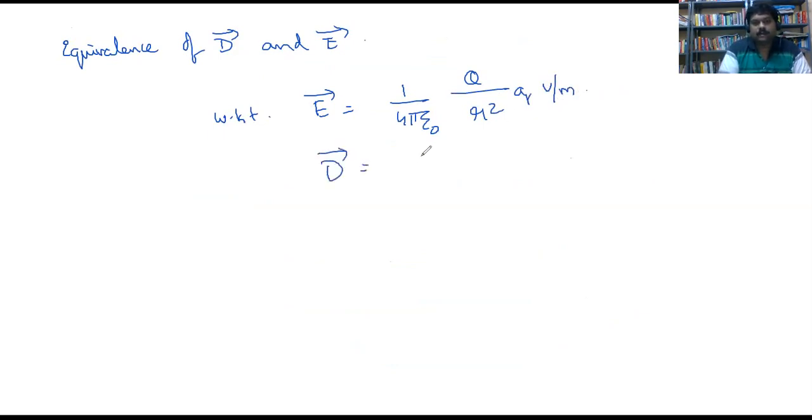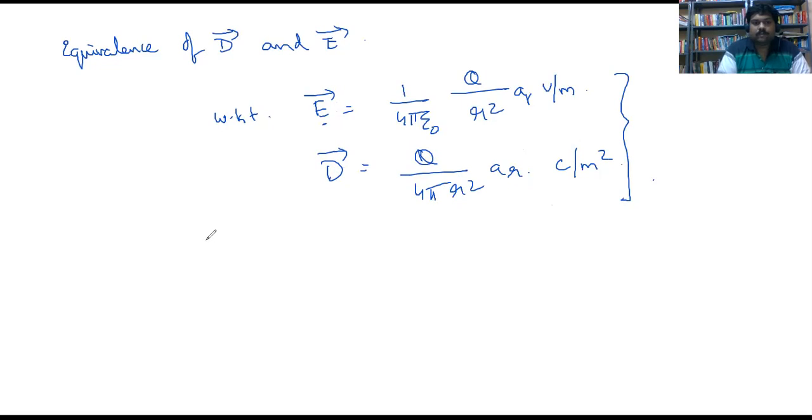Flux density D is written as Q by 4 pi R square into AR coulomb per meter square. So can you compare these two equations and see how flux density D can be related to E?